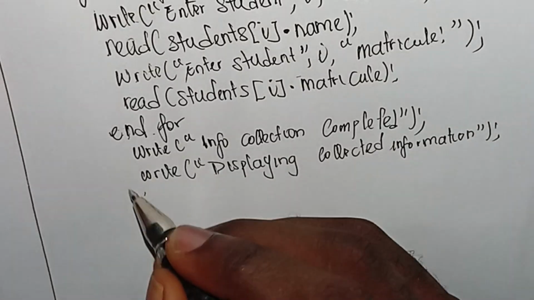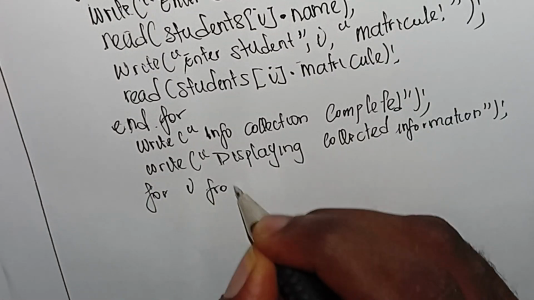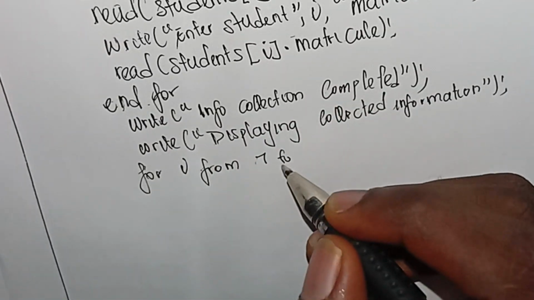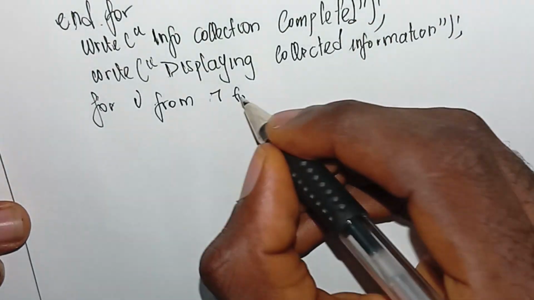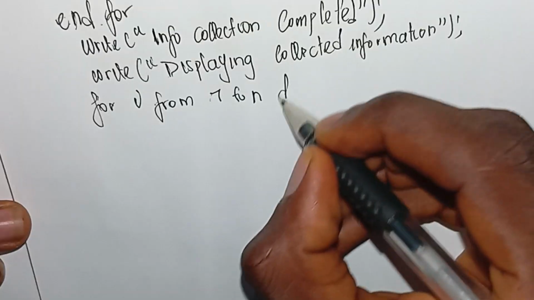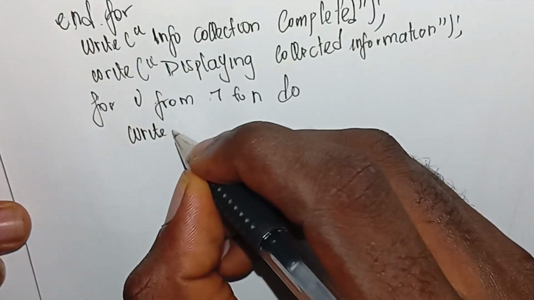Now we want to use again another for loop for I from 1 to n. Do. But here it is simply a write.